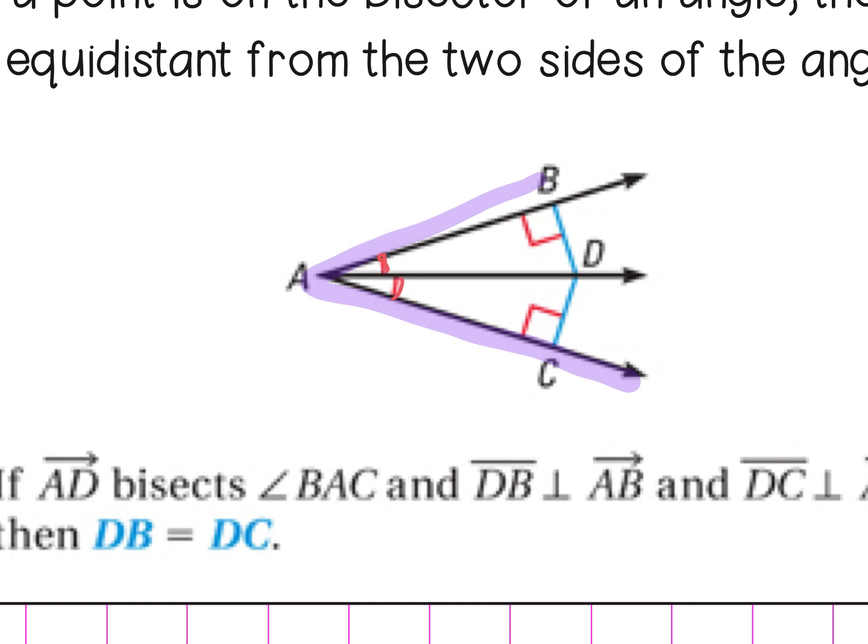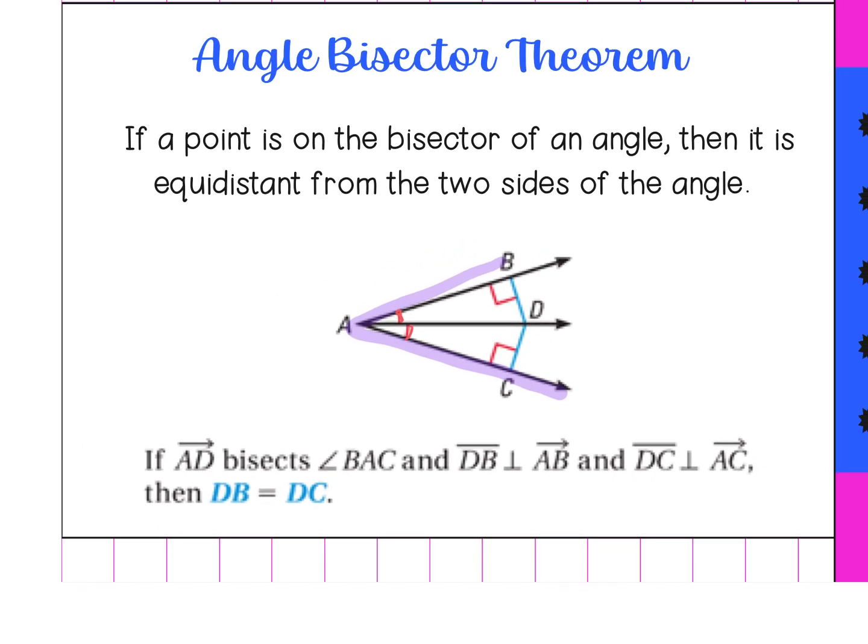So because AD is the angle bisector, then I know that the two segments from a point in the interior of that angle will be equidistant to the sides of the angle. So this will tell me that BD is going to be congruent to DC. And again, you could write the letters either way.